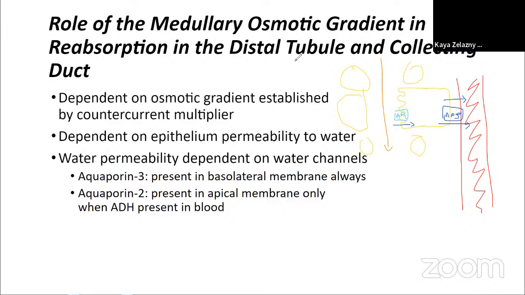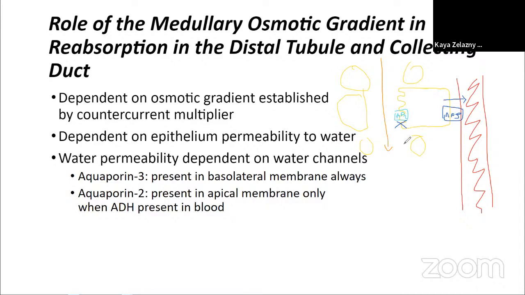So if we do not have this aquaporin 2 present on the apical membrane, water can't get into this epithelial cell, and therefore it doesn't cross into the plasma, right? Then our epithelial cell and the plasma essentially just come to equilibrium with each other, and we don't have any of this water moving, right?